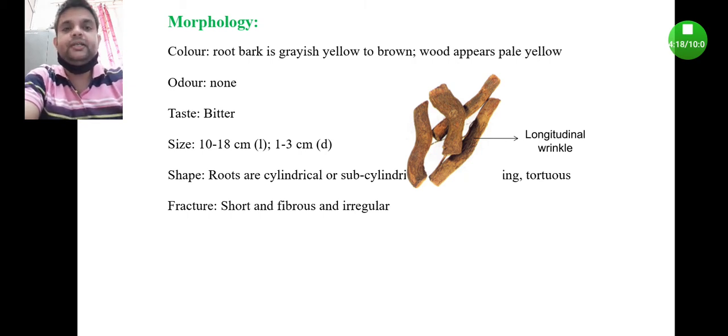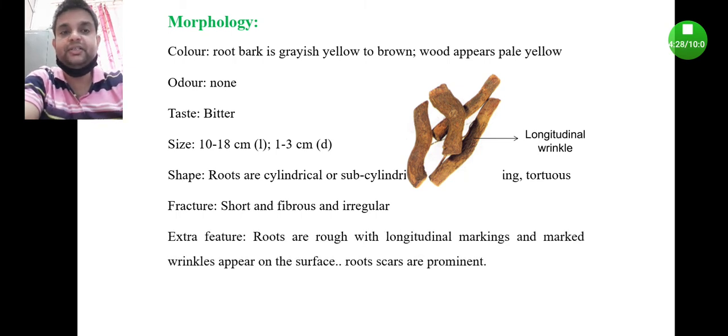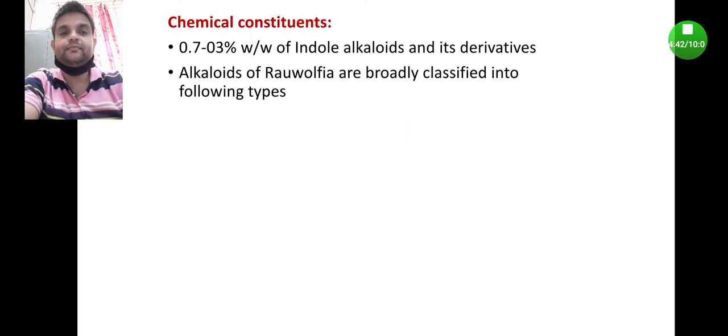Coming to the fracture, it is very short, fibrous and irregular, so it is very hard to break. Coming to the extra features, roots are rough with longitudinal markings and marked wrinkles appear on the surface. The root scars are also very prominent.